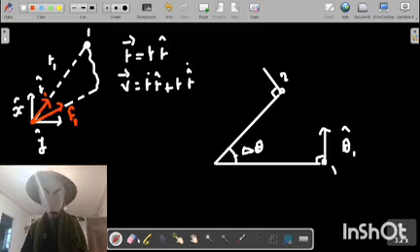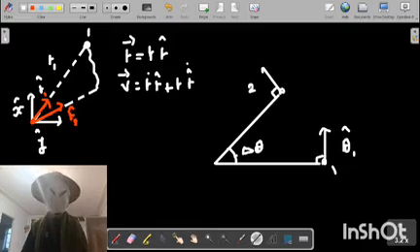Let me remove this bit here. Now, the difference between these two different vectors, the minus of them, is this.